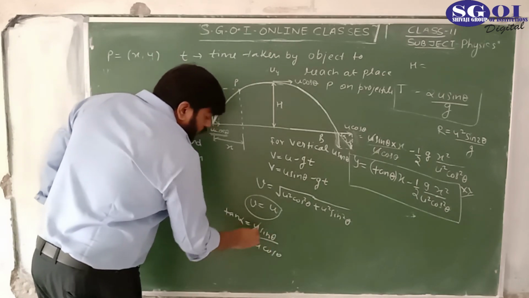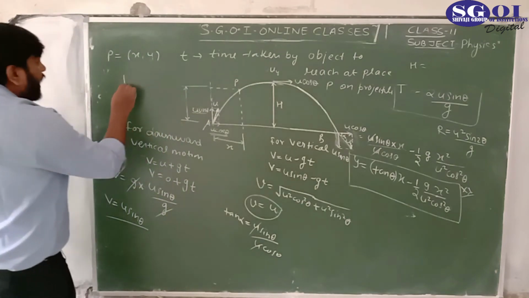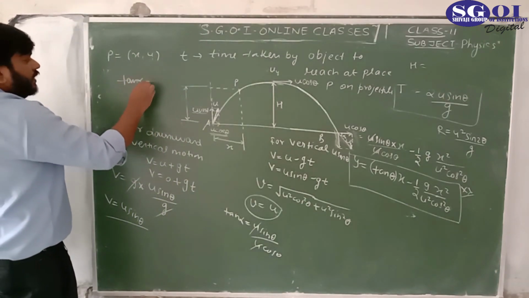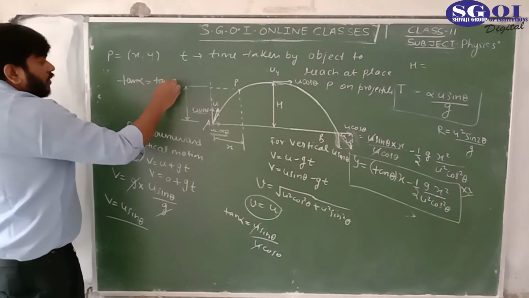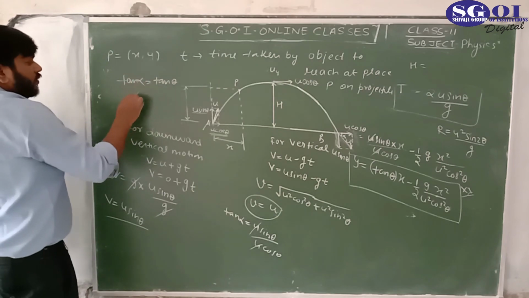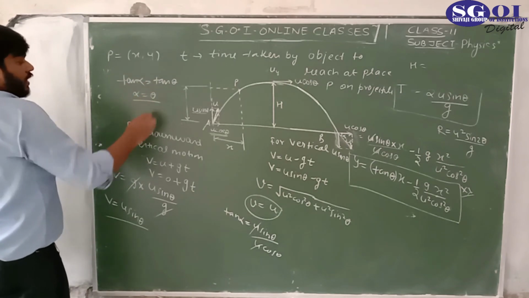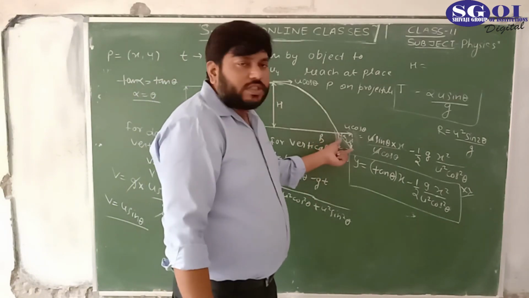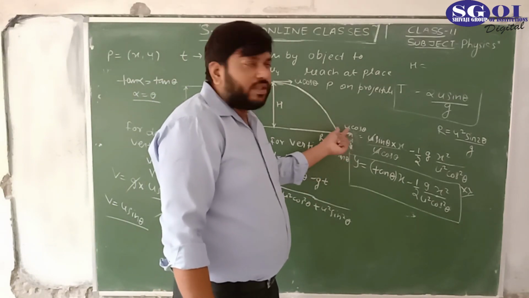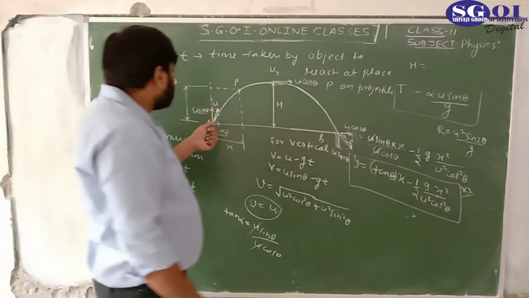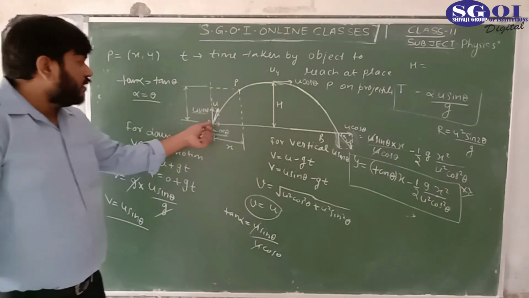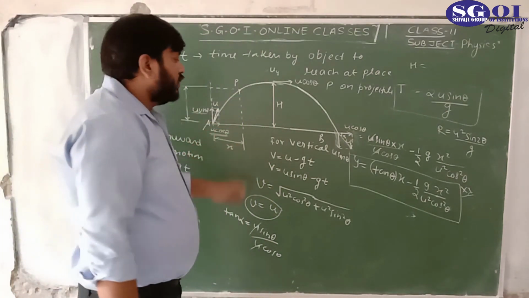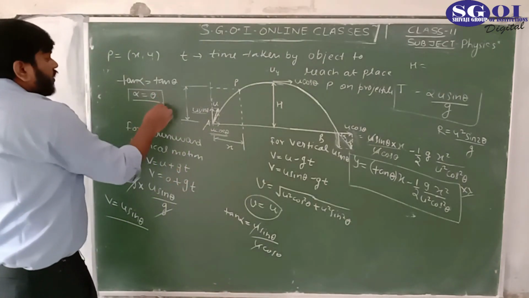The u's cancel out, so tan alpha equal to tan theta, which means alpha equal to theta. The angle the final velocity makes with the horizontal is the same as the angle the initial velocity makes with the horizontal at the time of projection. So this is an important result.